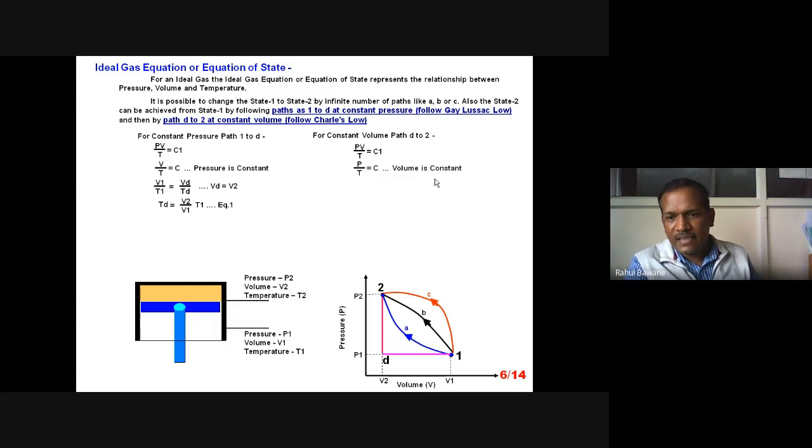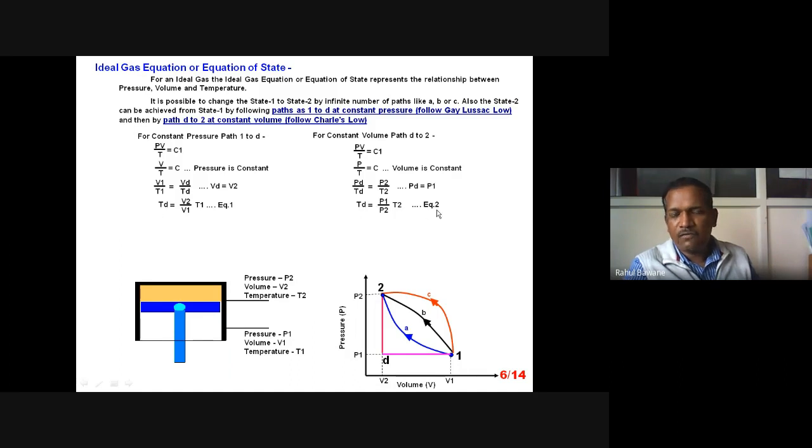Now for our case, the process is from D to 2. So we can say Pd/Td is equal to P2/T2, where we can write Pd as nothing but P1, constant pressure process. So we replace Pd in terms of P1. Again the unknown is Td, so we calculate the value of Td. So Td is P1/P2 multiplied by T2. This is our equation 2.